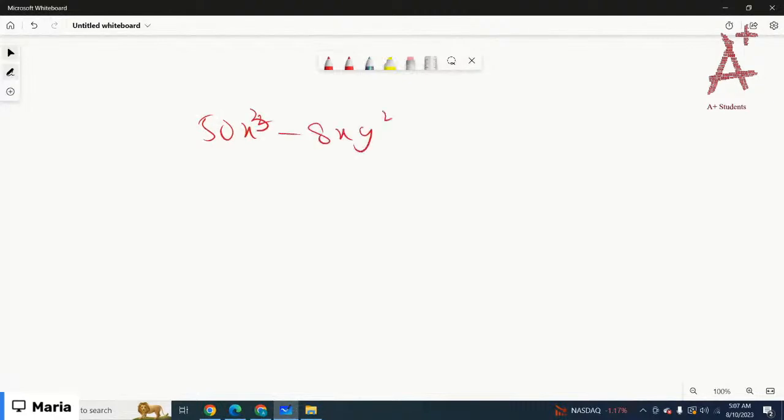Okay, let's just take common 2 and x. So we're going to take common 2x, and we are left with 25x square minus 4. X is already outside, you are left with y square.